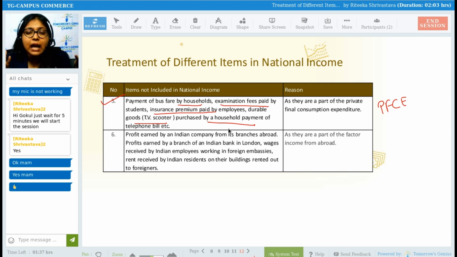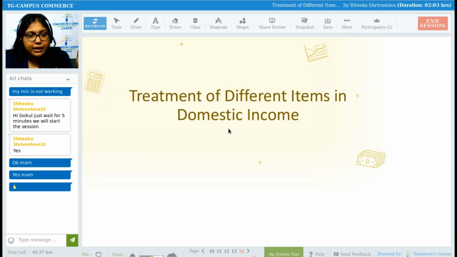So this is what happens. All the households, all the consumers will spend their incomes on different things, and that is what is happening in the fifth point. So that becomes part of PFCE, private final consumption expenditure. So of course that will again be included under national income.